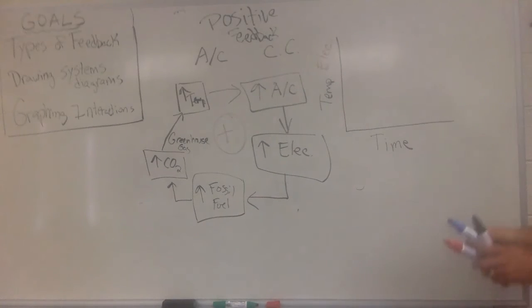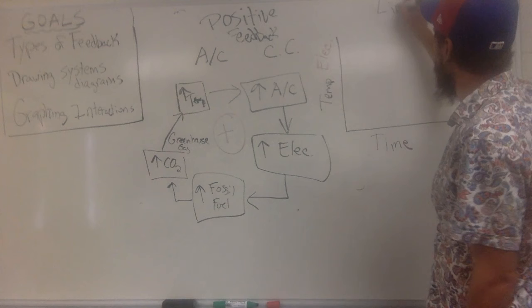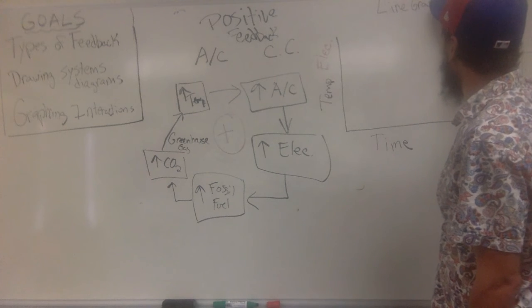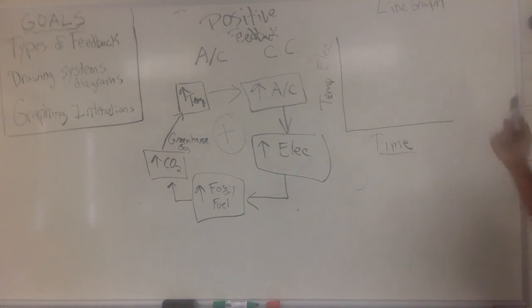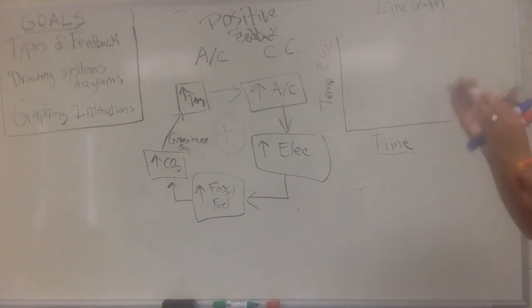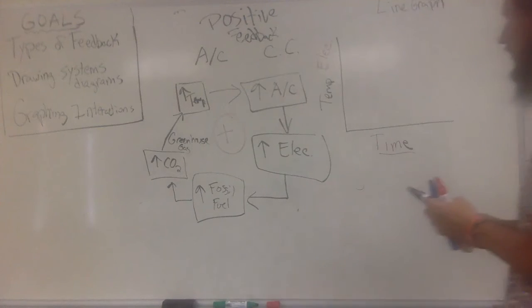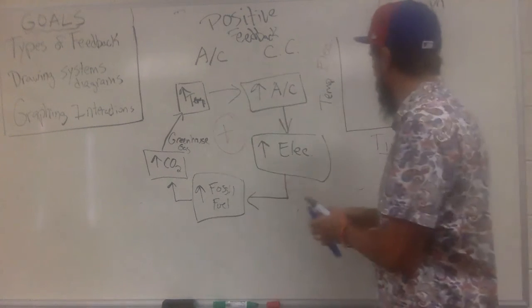So let's try to graph this interaction. Once again, I'm going to make a line graph here. And a line graph works really well in this case because we have time, so we have continuous change. So we can show how that changes on a continuous gradient versus specific different categories or things like that. So we're starting with an increase in temperature.